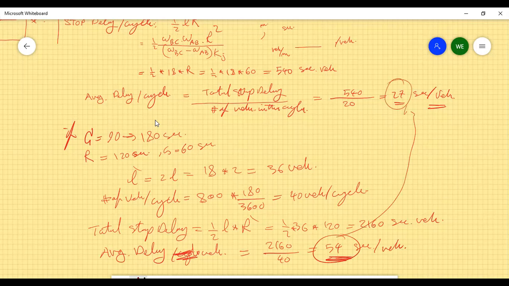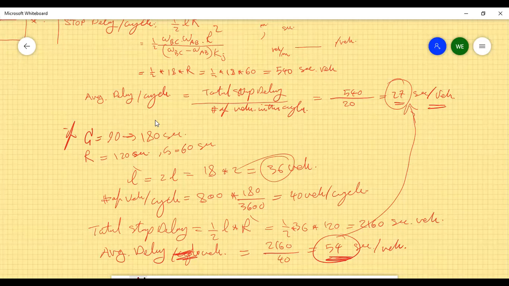Notice we didn't change anything, guys. All we changed: the green time ratio is the same, the flow is the same, the traffic density is the same, everything is the same. But what we did, we used just a longer cycle length. What was the result? We doubled the cycle length, we doubled the delay. Is it clear? You get the point? And we doubled the queue length, as you can see.